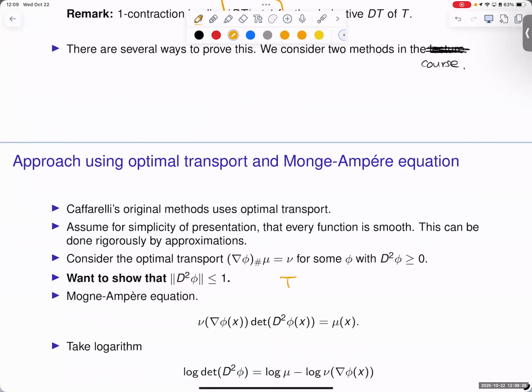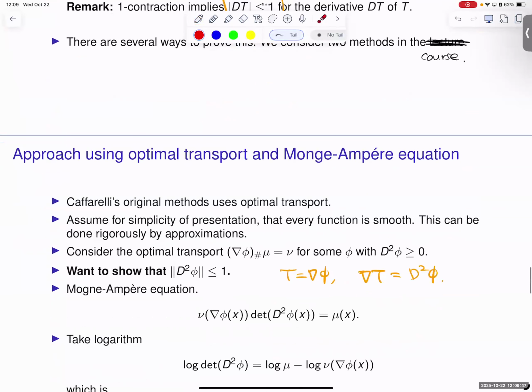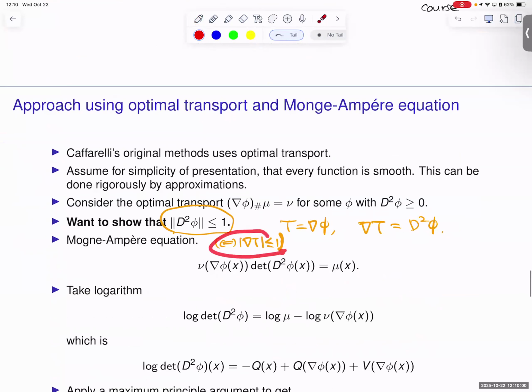So T is gradient phi, so the gradient of T is the Hessian of phi. So this inequality is of course the same as the gradient of T being bounded by 1, which we wanted to show. So this is what Caffarelli's contraction wants. This is what we want to have. That is equivalent to proving that the Hessian of phi for the Brenier solution is always bounded by 1 in this case. That is what we want to show.